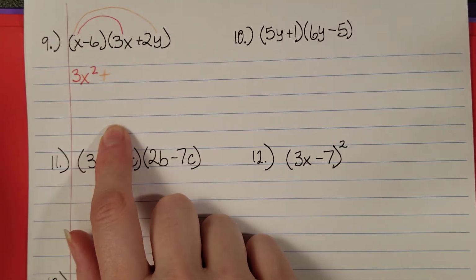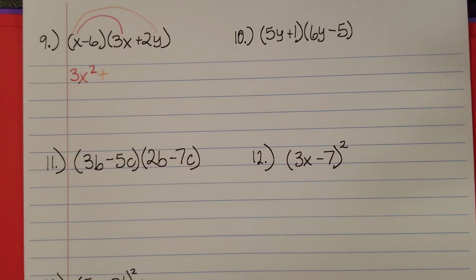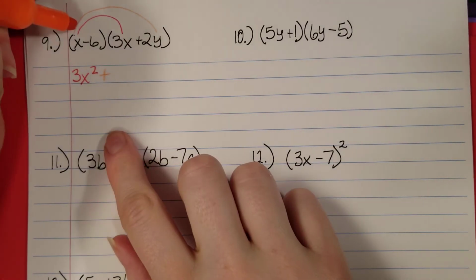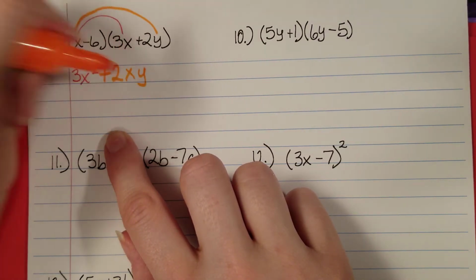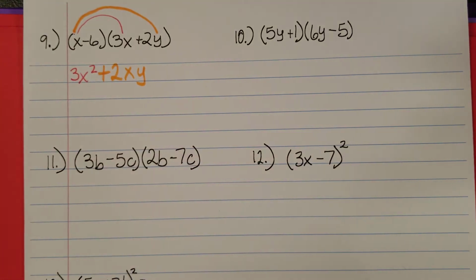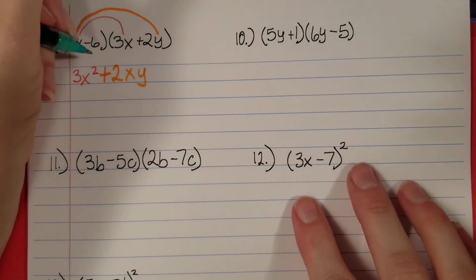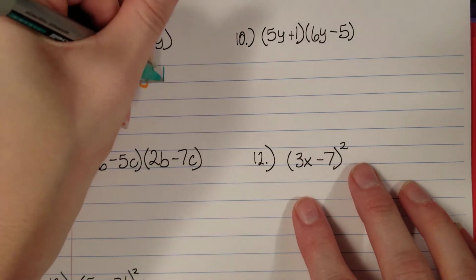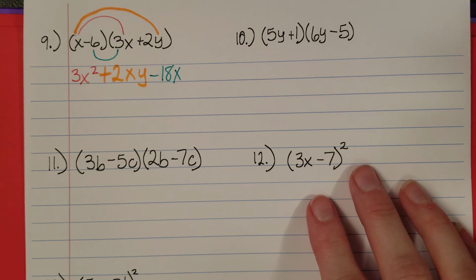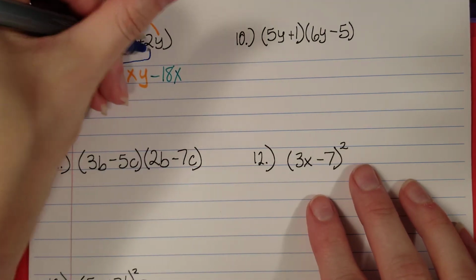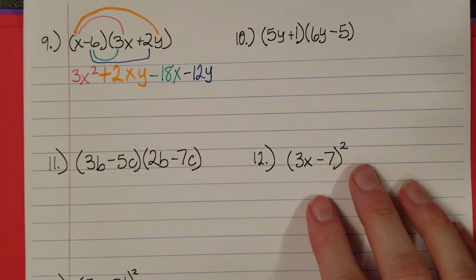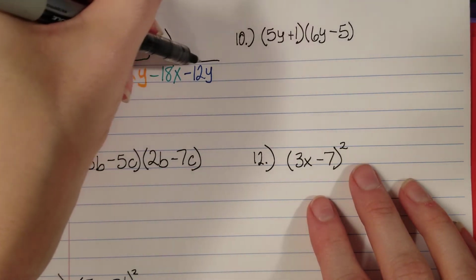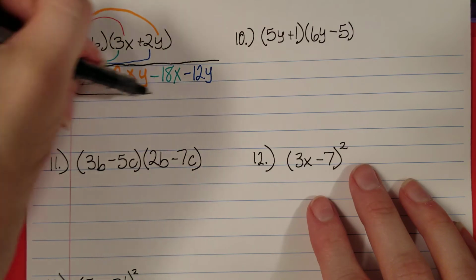Plus 2xy. Then inside, that would be negative 18x, and last, that would be negative 12y. Now in this case there are no like terms to combine, so that is the final answer.